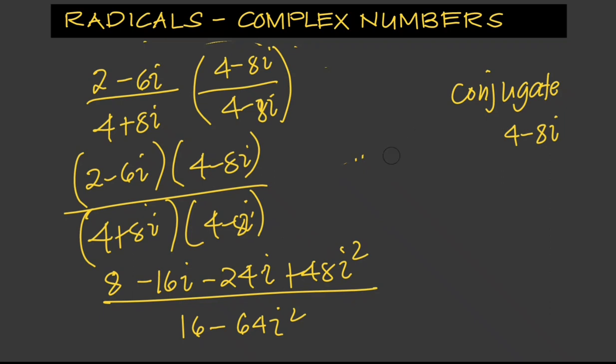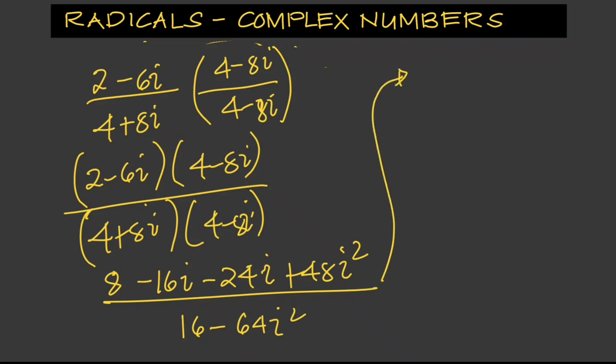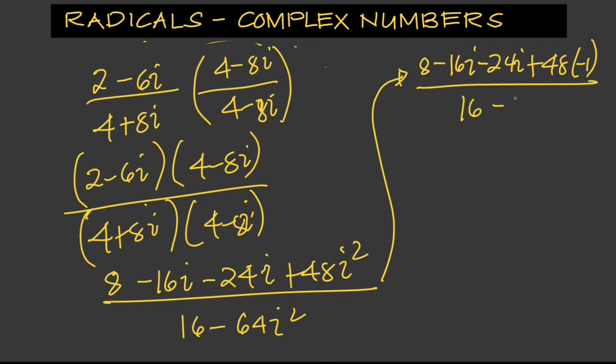And then simplifying the i squared, because i squared is just equal to negative 1. So this would become 8 minus 16i minus 24i plus 48 times negative 1 over 16 minus 64 times negative 1, and then simplifying this further by combining like terms.